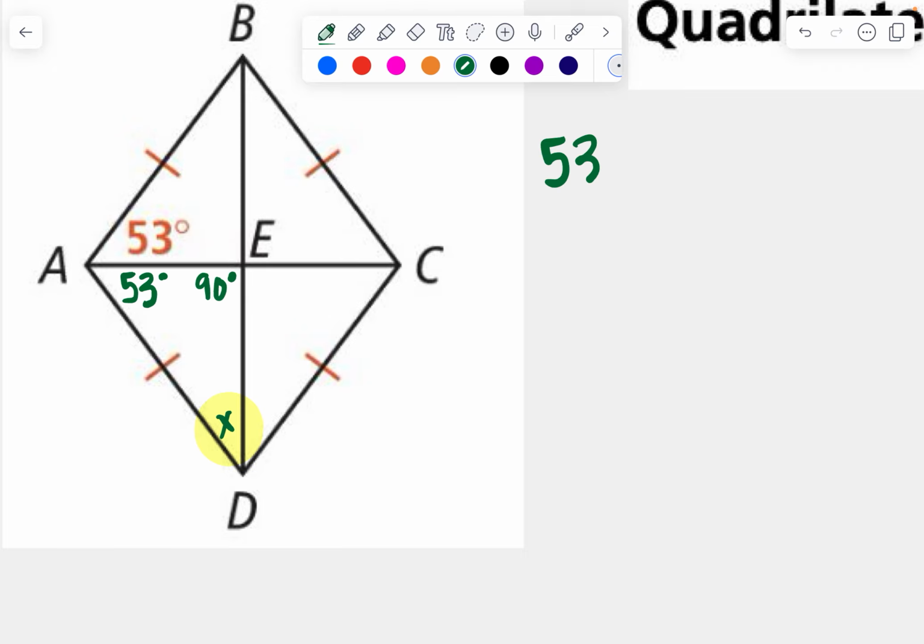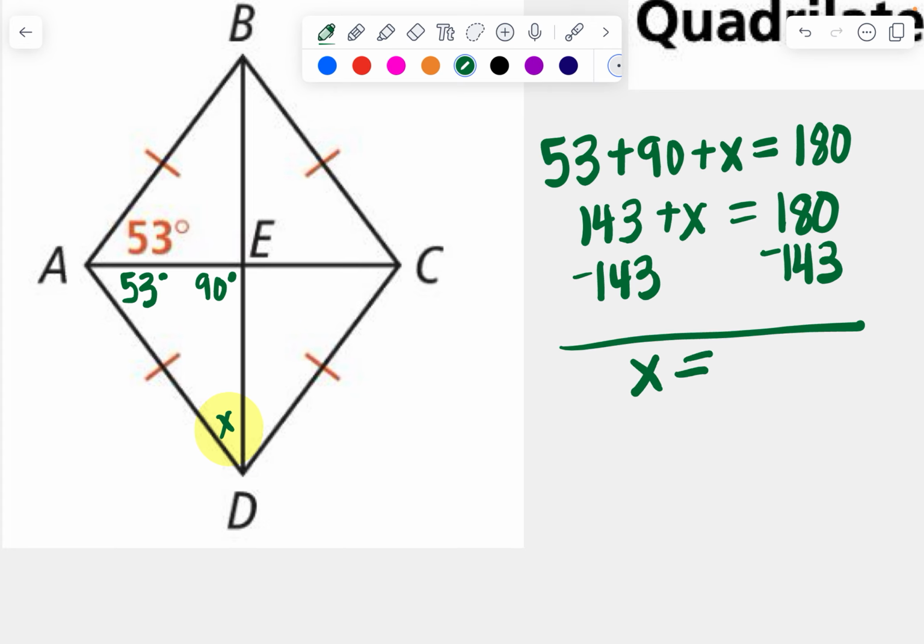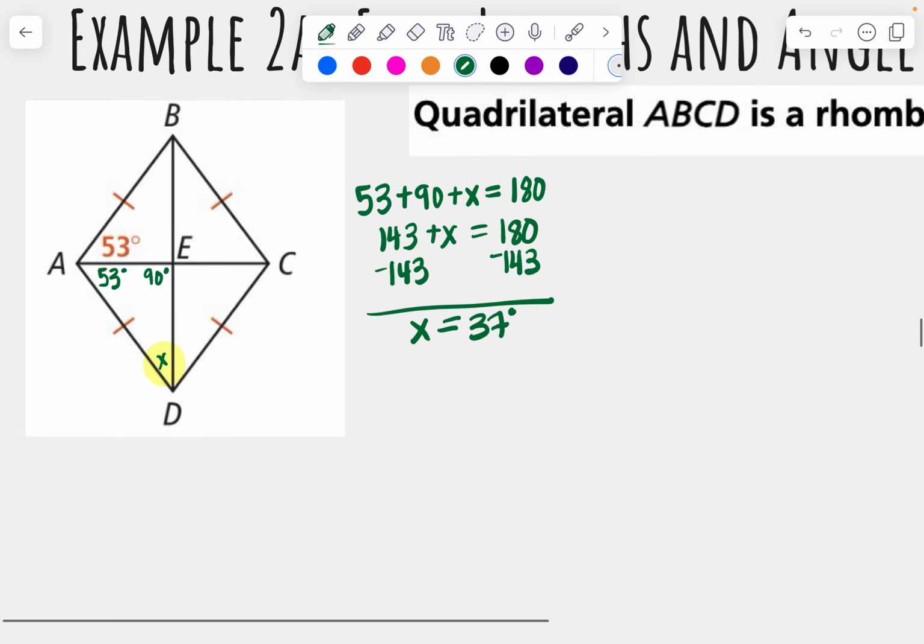So I know that 53 plus 90 plus X equals 180 because it's a triangle. 53 plus 90 is 143. Plus X is 180. So if I take 143 from both sides, I'll get X, or that angle measure, is 37 degrees. Again, when we're talking about angles, make sure you put the degree mark.